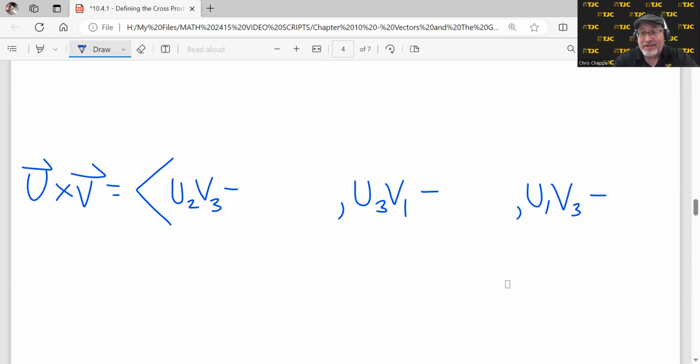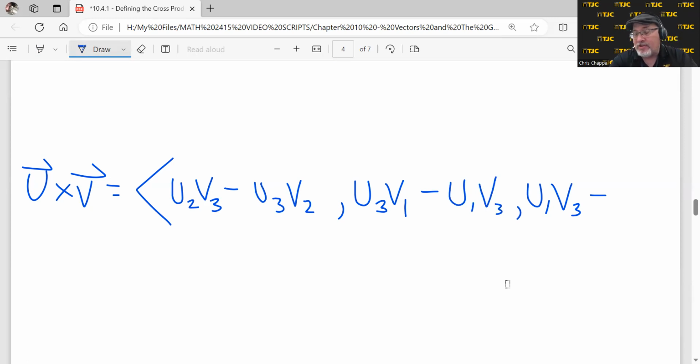And for each one, the second part of the subtraction problem, the subtrahend, I believe. I always get subtrahend and minuend backwards. The second half of the subtraction problem, you simply switch the order of the subscripts as the first half. So for example, in the first component, instead of U2 V3, it's U3 V2. In the second component, instead of U3 V1, it's U1 V3.